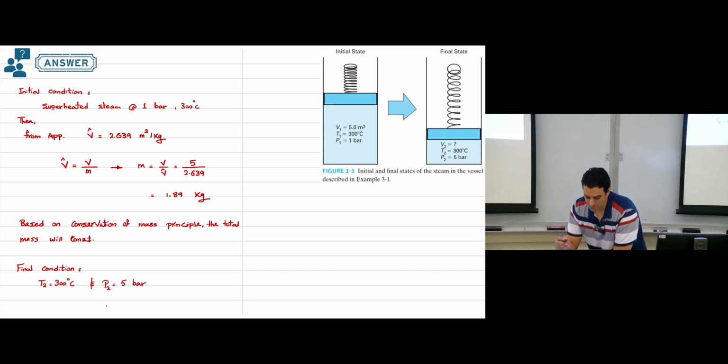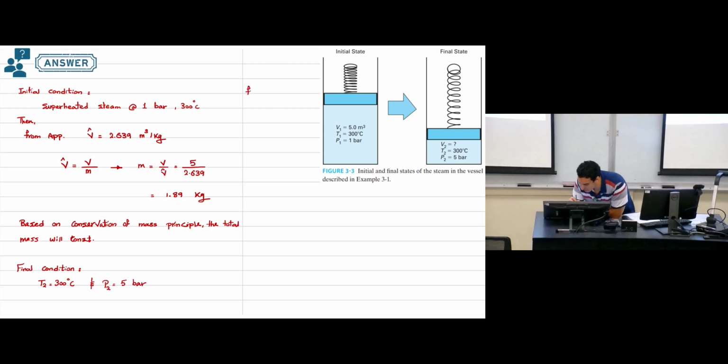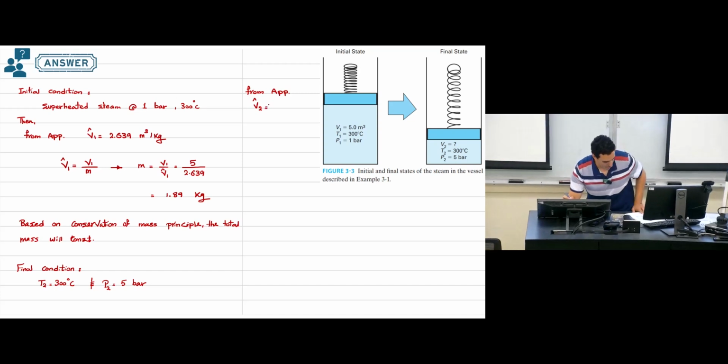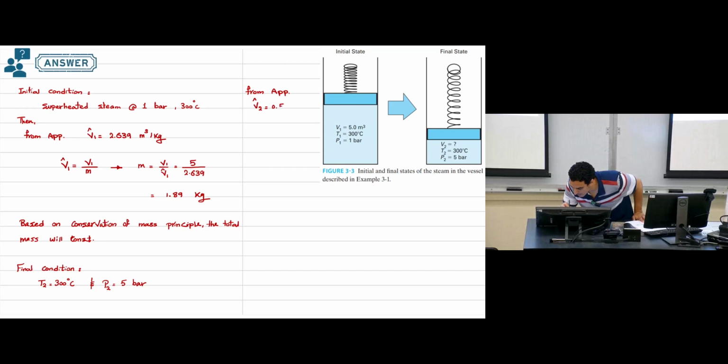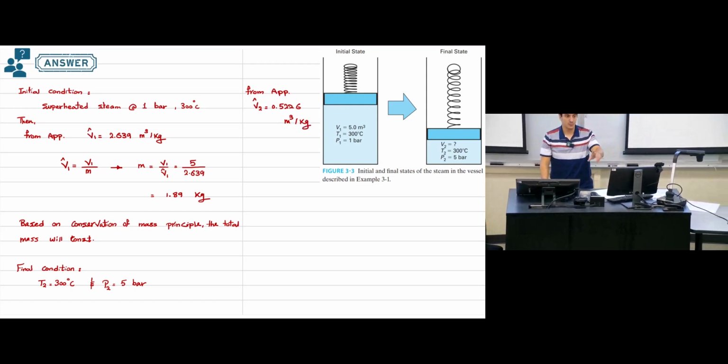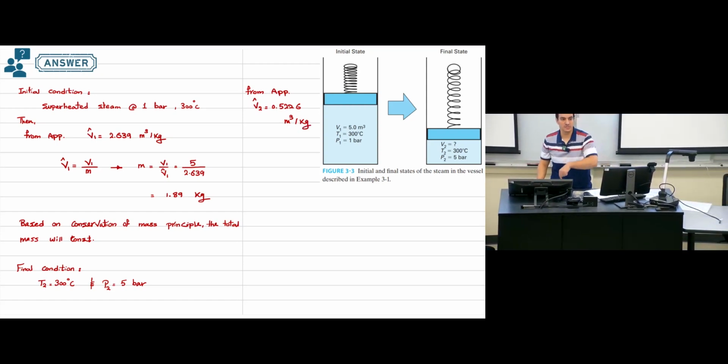Using these two conditions, go to the appendix, and the specific volume at the final condition will be 0.5226 meter cube per kilogram. But again, this is not required. We need to find the final volume, not the final specific volume.